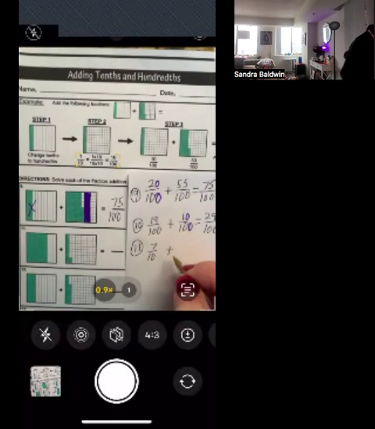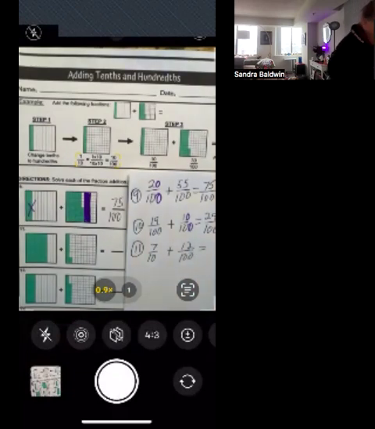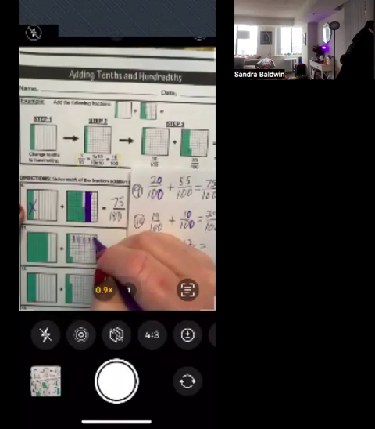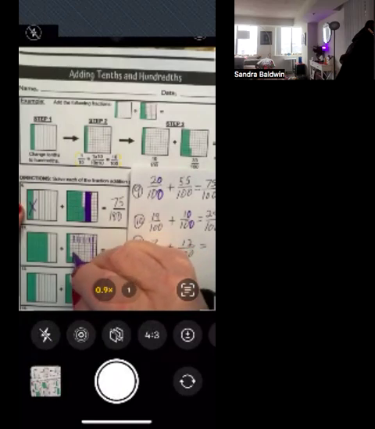I'm adding that to 12 hundredths. I'm going to redraw my 7/10. 1, 2, 3, 4, 5, 6, 7. I'm going to redraw them as 70 hundredths.